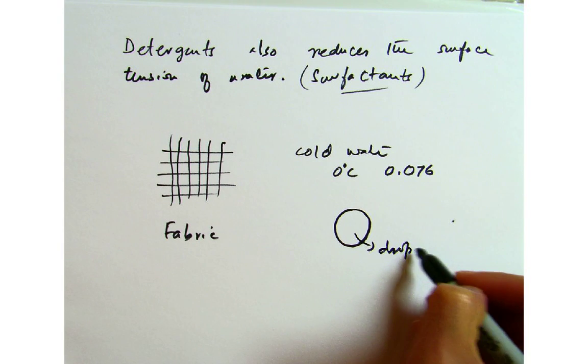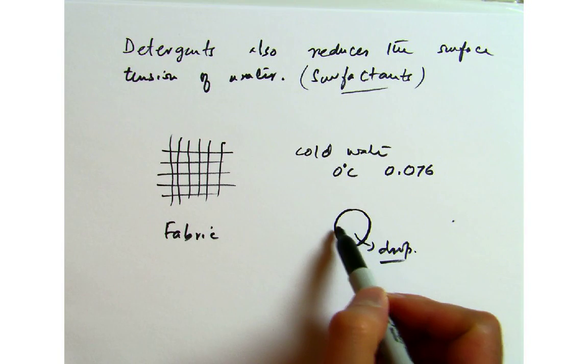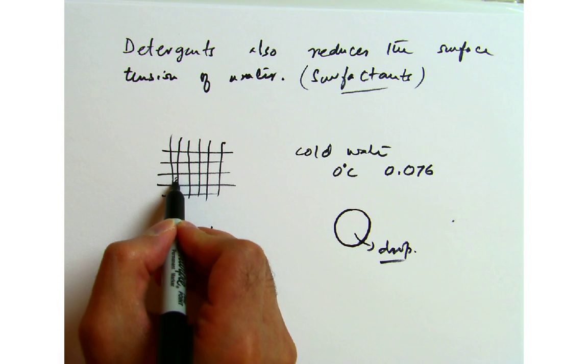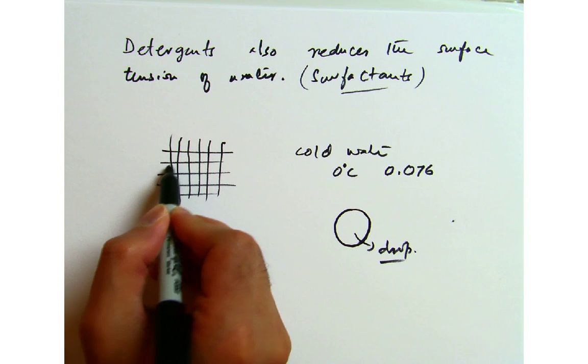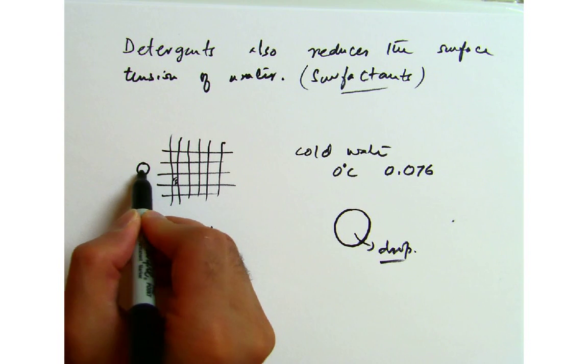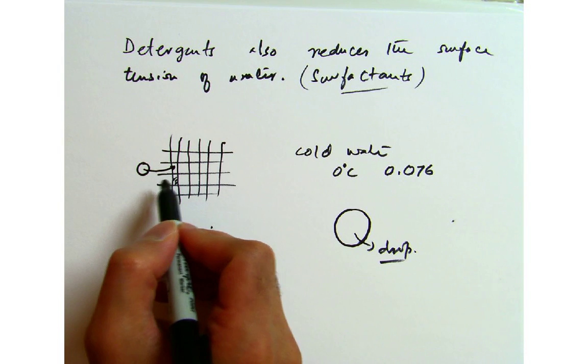This is an exaggerated view, but if this is where the water has to go in and wash the cloth, and the droplet is this big, then the water won't be able to go inside these gaps.